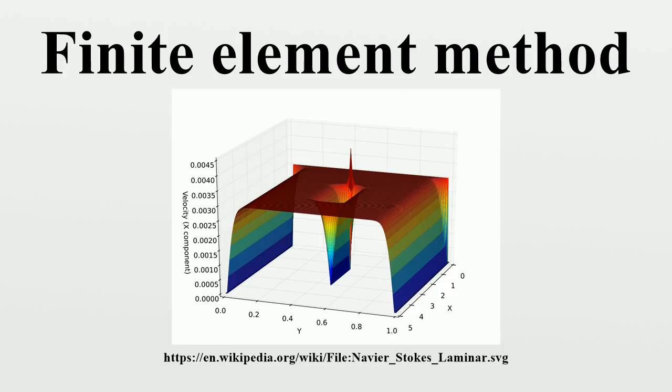Algebraic equation sets that arise in the steady-state problems are solved using numerical linear algebra methods, while ordinary differential equation sets that arise in the transient problems are solved by numerical integration using standard techniques such as Euler's method or the Runge-Kutta method.